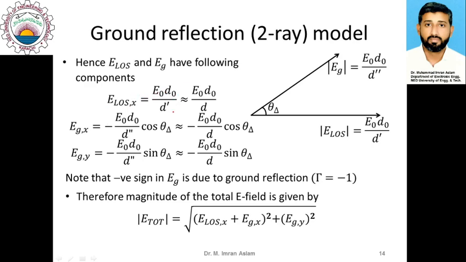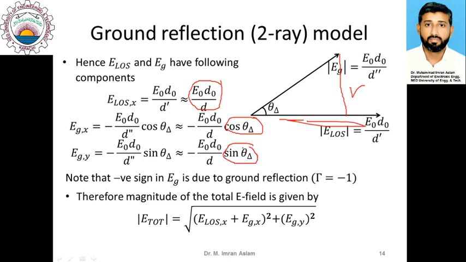So E naught d by d prime can be approximated by E naught d by d, as we have already discussed. And second, EG can have two components if you draw a perpendicular here. So this horizontal component is the cosine component, cos of theta delta, and this vertical component is sine of theta delta.